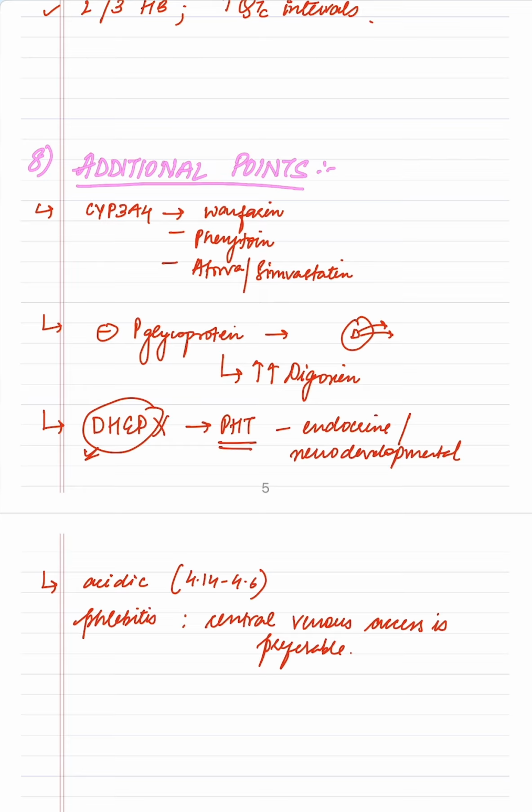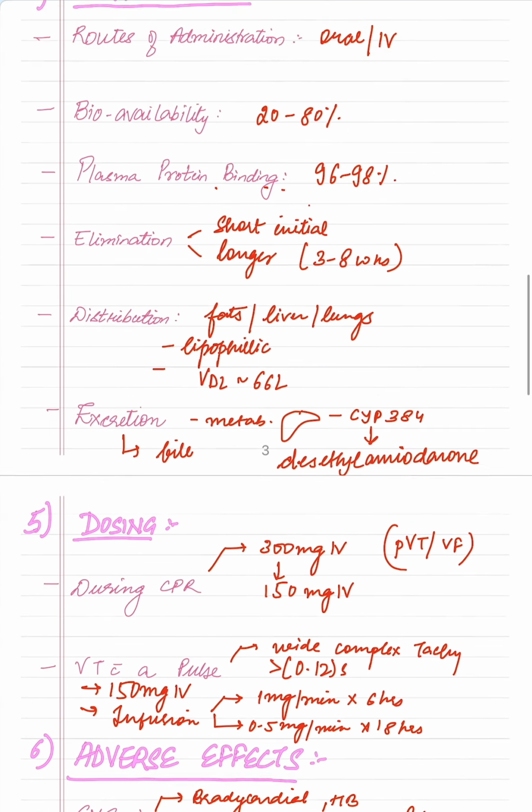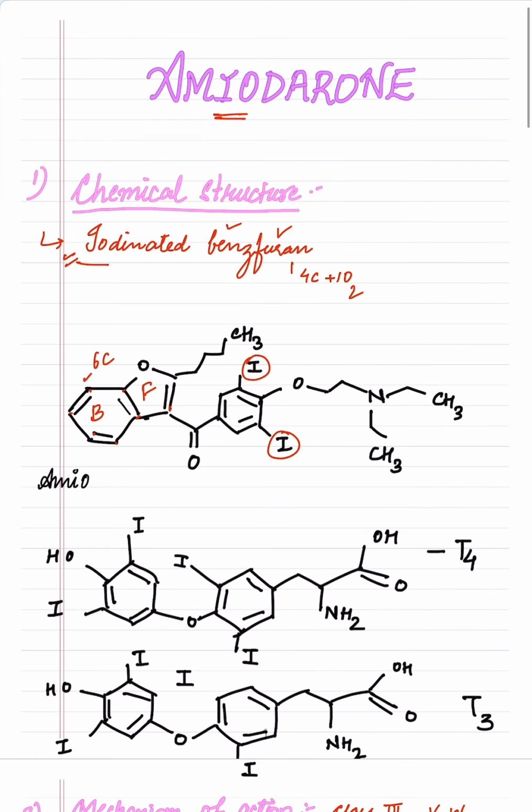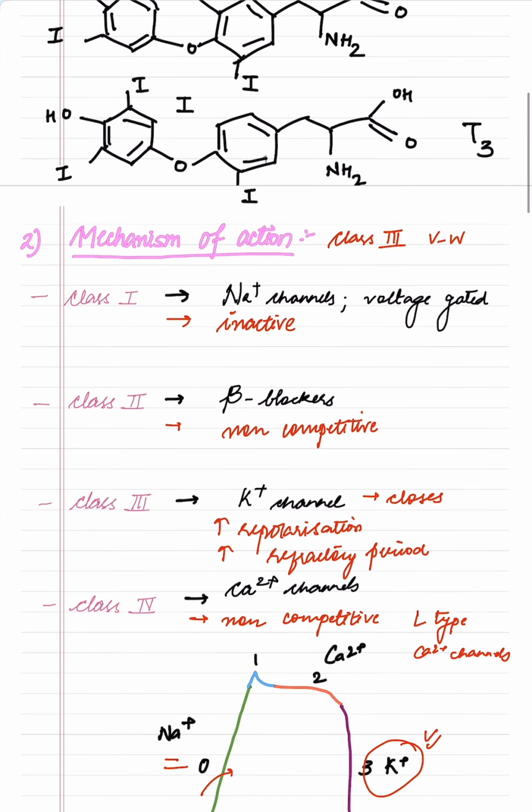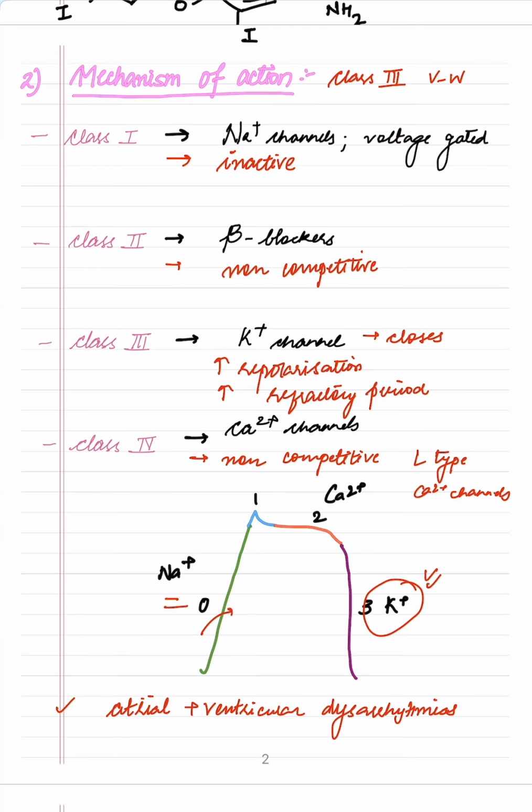That's all. We'll just go revise it once again. Amiodarone is an iodinated benzofuran, structurally similar to T4 and T3 hormones. Mainly a class 3 antiarrhythmic agent, it closes the potassium channels, increasing the repolarization and refractory period of the cardiac tissue, but also has class 1, class 2 and class 4 actions.